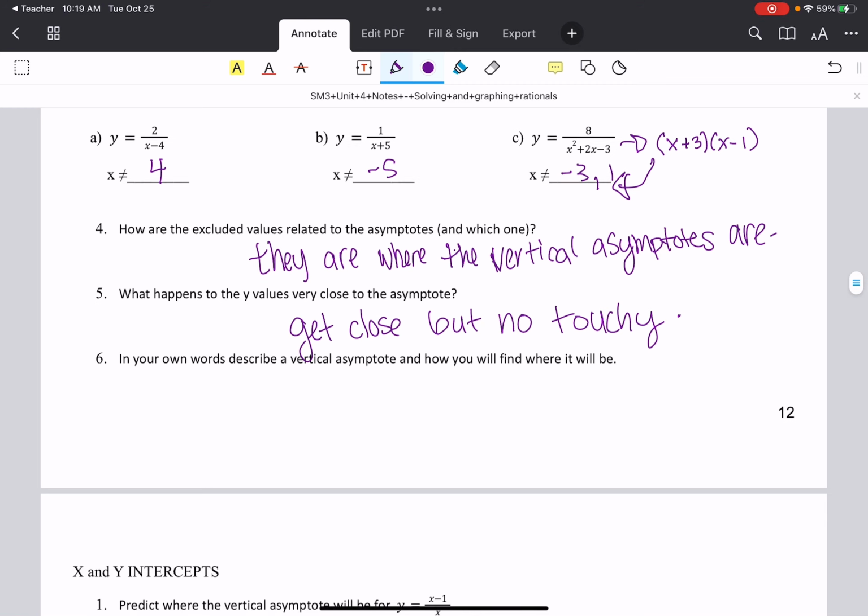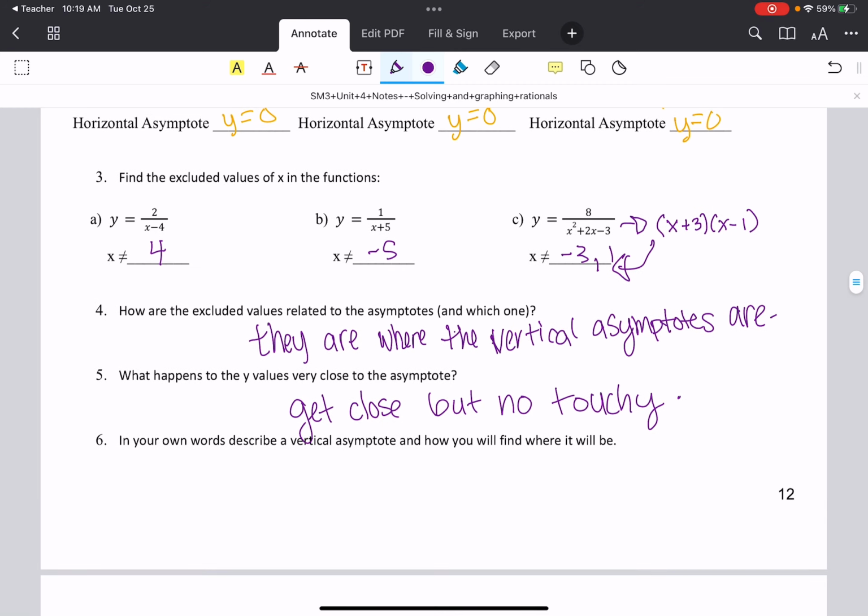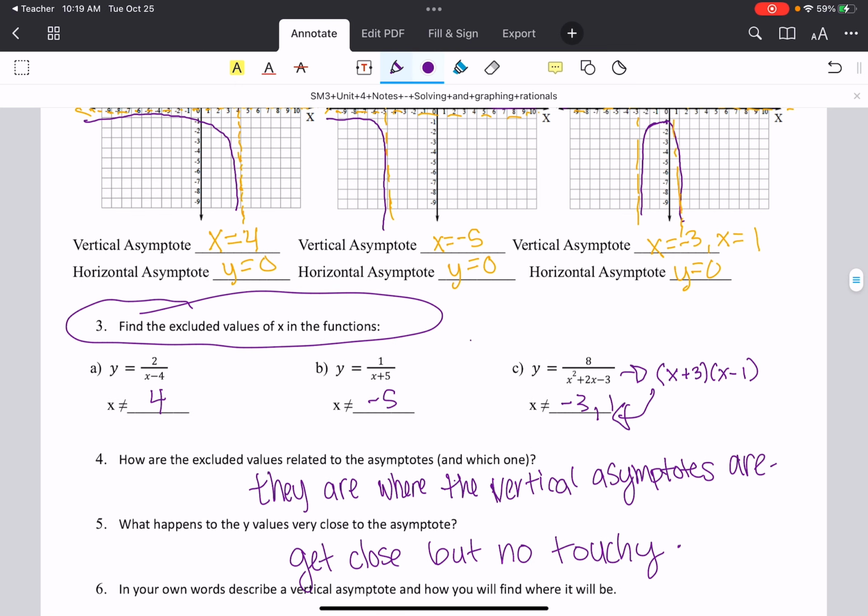Let's look here. Find the excluded values. What were our excluded values? -5. -3 and 1. Okay, what were our vertical asymptotes? 4, -5. Oh, good.